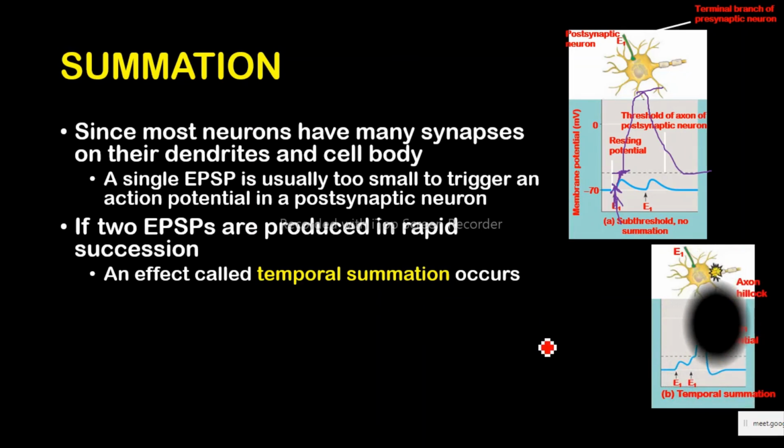So basically, that's what we are talking about. This is the first stimulation, this is your cell body, and within the same millisecond there is another stimulation, so they are two in one.